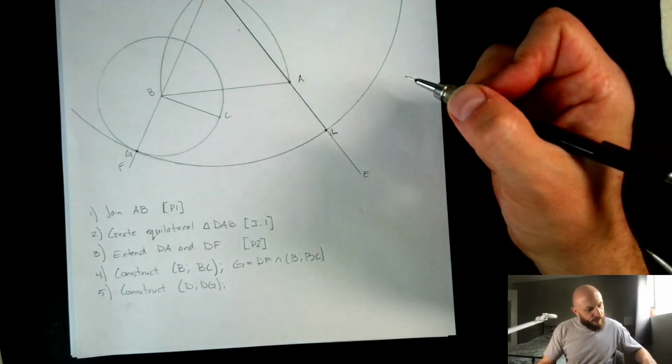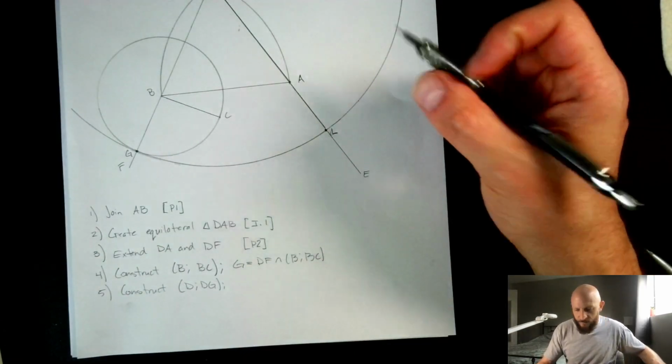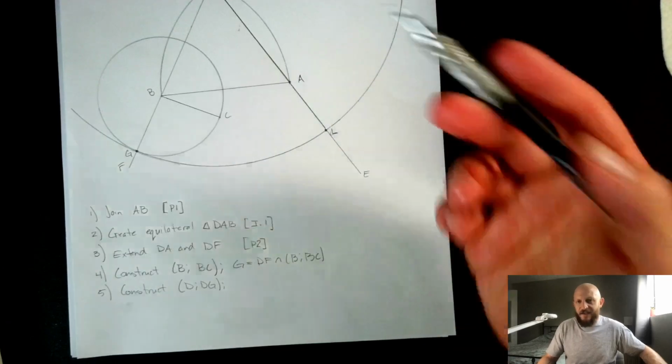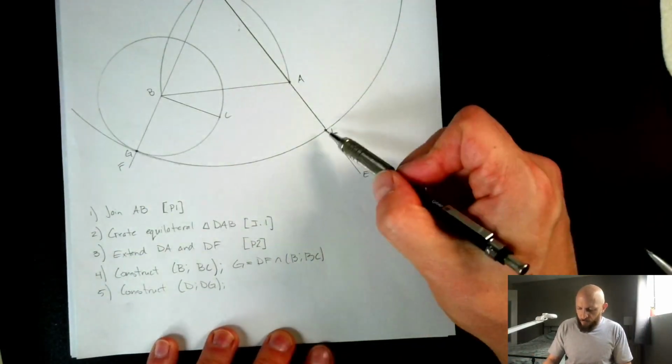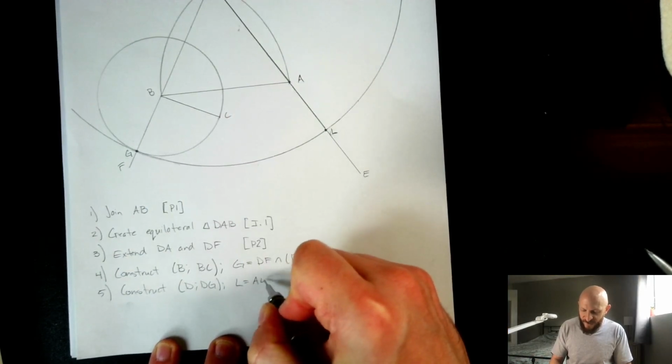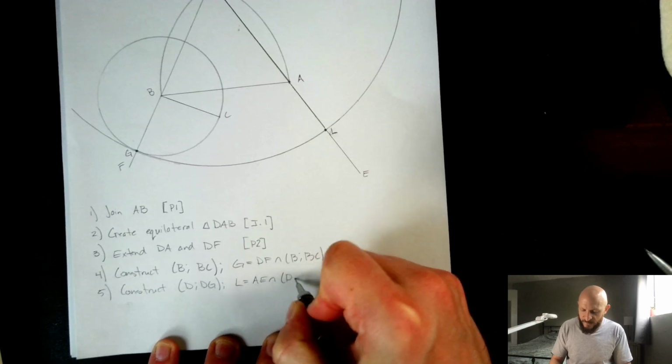So the Greeks said, we'll call this big circle GKL. So G, L, and then K is wherever you want to place it. But the important part is we're making L be the intersection of AE with this circle DG.